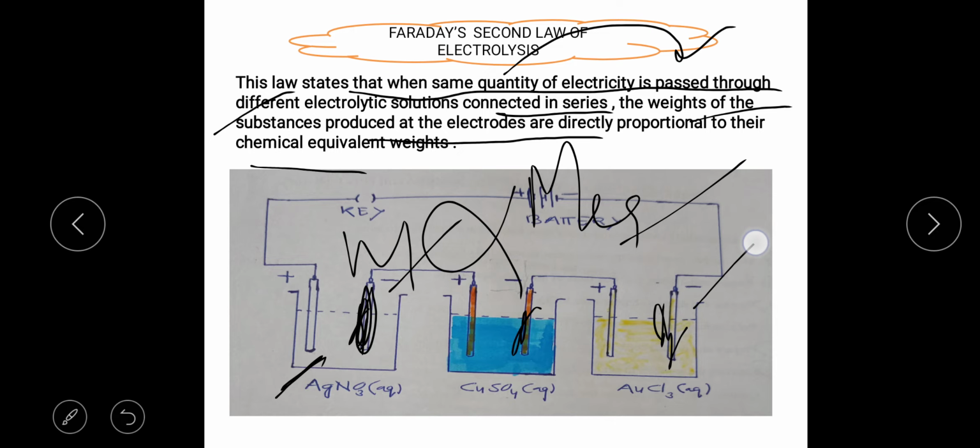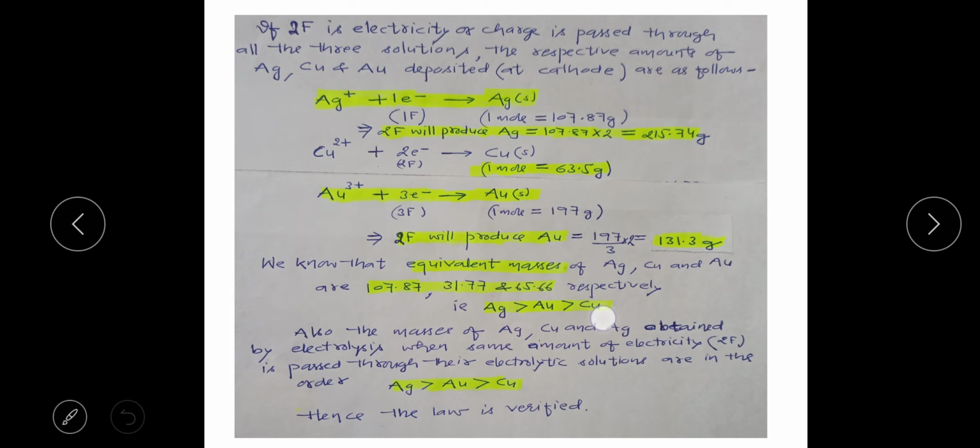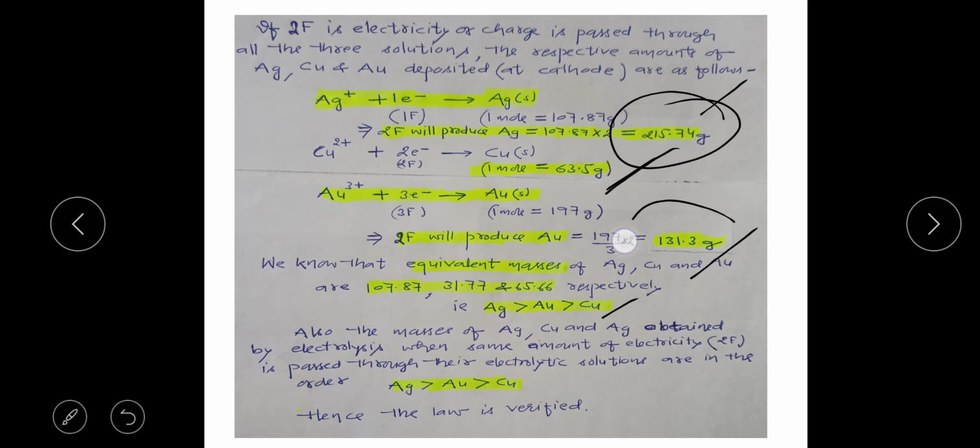It is followed by gold, because gold has the next highest equivalent mass. Copper has the least equivalent mass, so the amount of copper deposited here is the least, that you can see here, right? 63.5 gram. For gold it is 131.3. For silver it is 215.74. So for silver it is highest, for gold second highest, for copper it is least, and it is exactly as per the order of their equivalent masses.